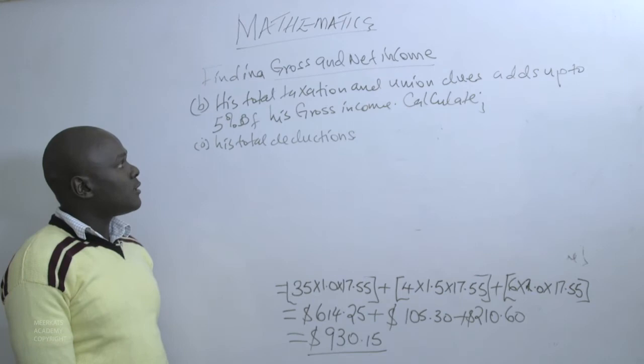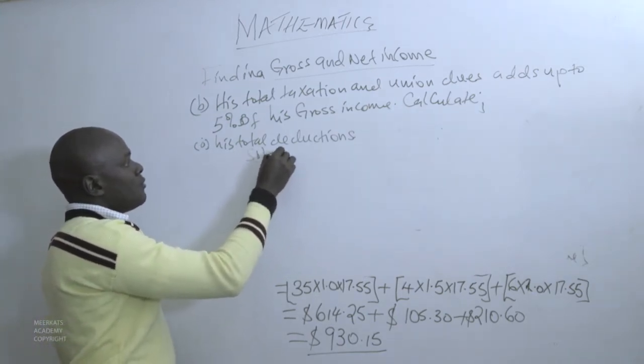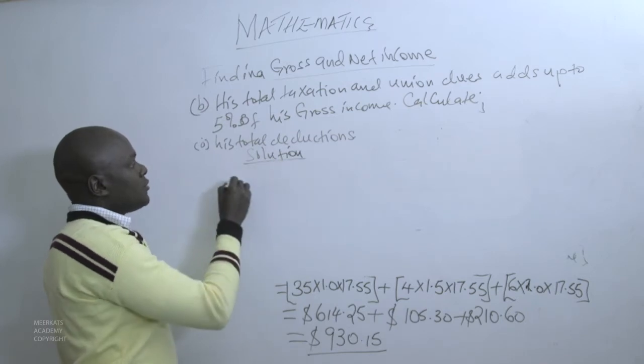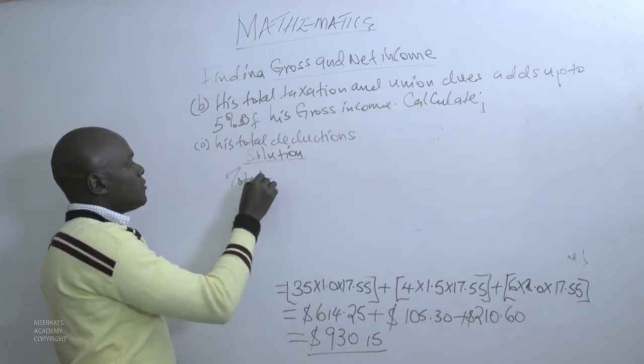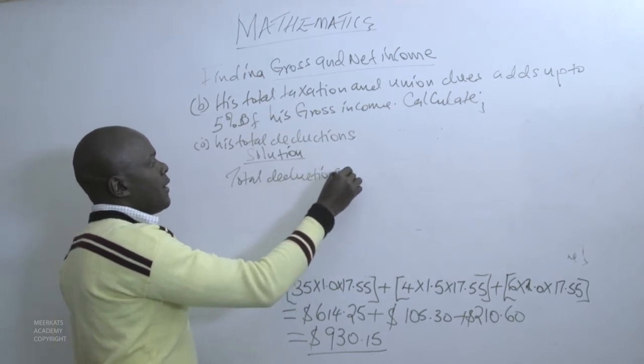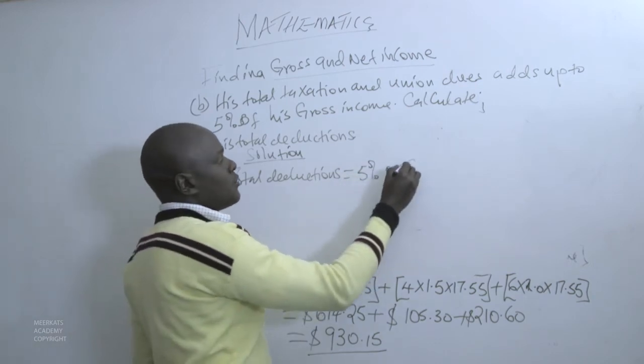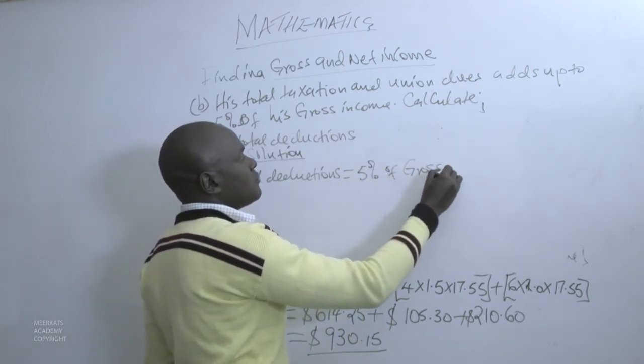So we are required to calculate his total deductions. We are told that the total deductions are 5% of his gross income.